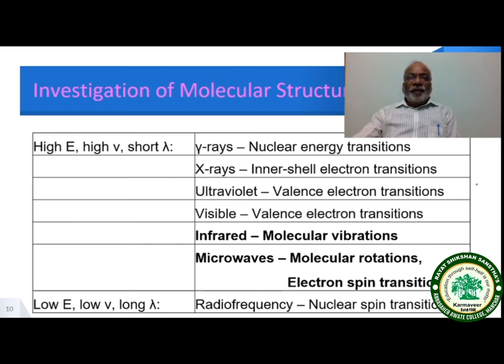So these are the few regions that we find: gamma ray region, X-ray region, ultraviolet region, visible region, infrared region, microwave region, and radio frequency region. The radio frequency region is from low energy, while the gamma ray region is from high energy, and all these are in between.